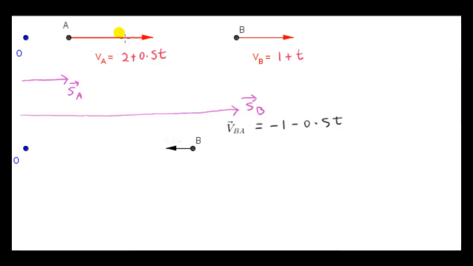Now let's look at the situation some time t later. So SA is the position vector of A, SB is the position vector of B. We're going to consider the distance between the particles. So we want this vector here, that's vector SB minus this vector.